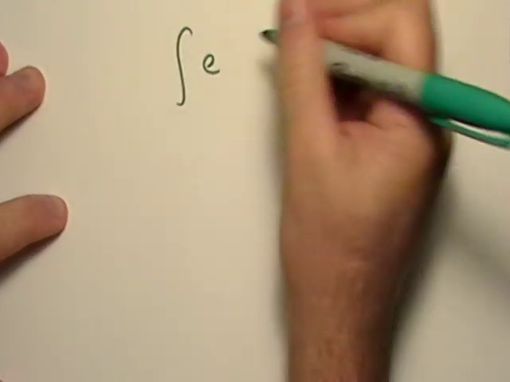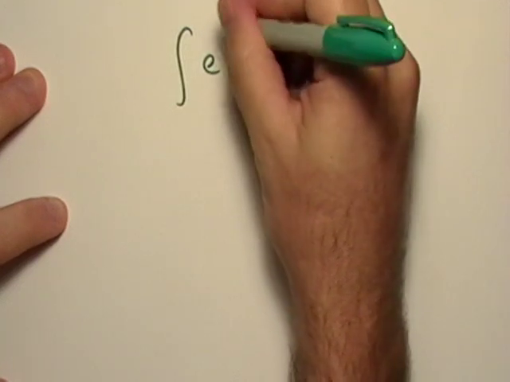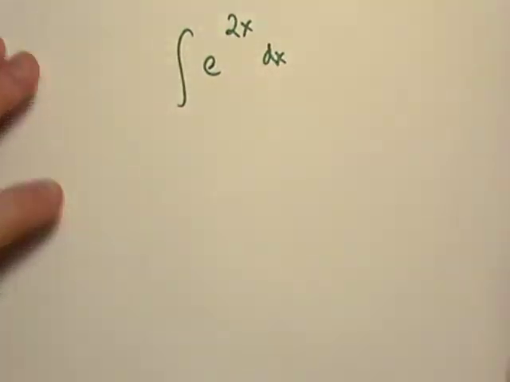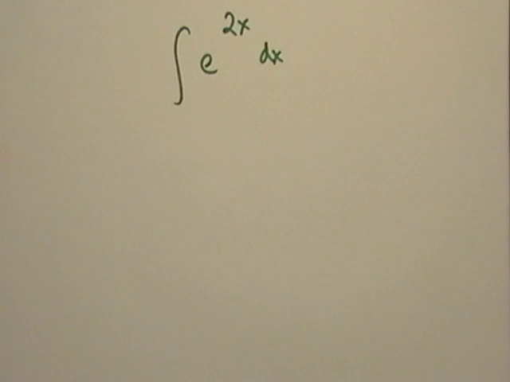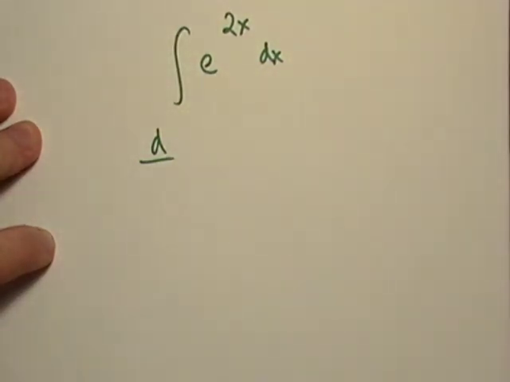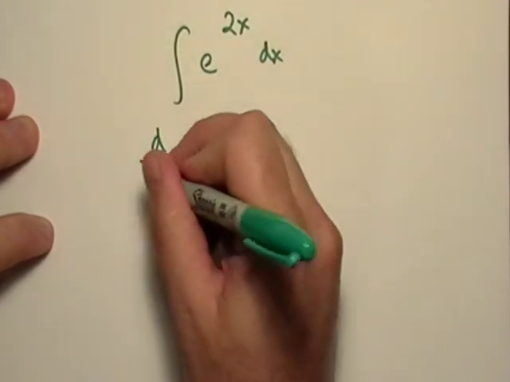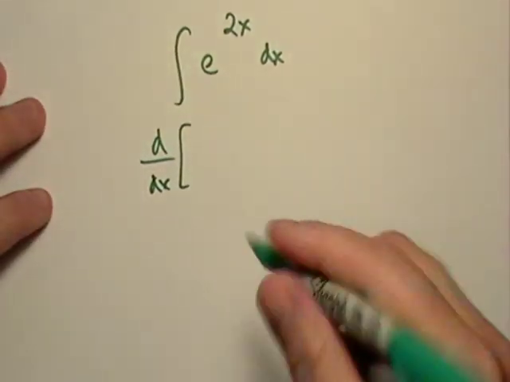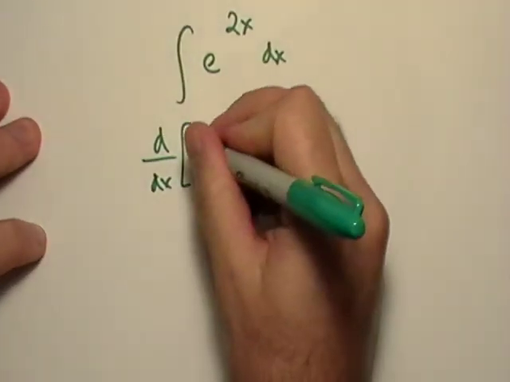Ooh, how about this one? How about the integral of e to the 2x? I know that e to the x, its derivative is always the same.